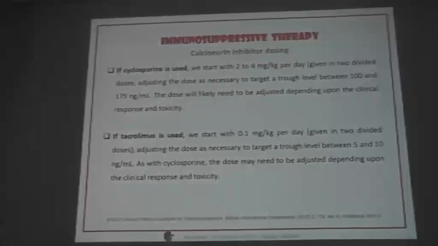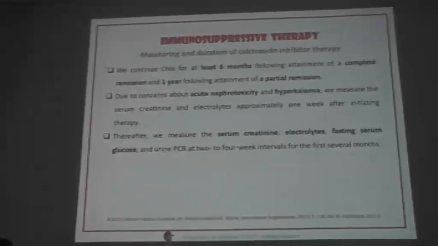If tacrolimus is used, you start with 0.1 milligram per kg per day, given in 2 divided doses, also with a trough level of tacrolimus from 5 to 10 nanogram per ml. As with cyclosporin, the dose may need to be adjusted depending upon the clinical response and the trough level.